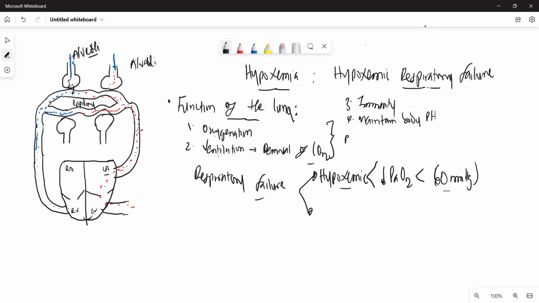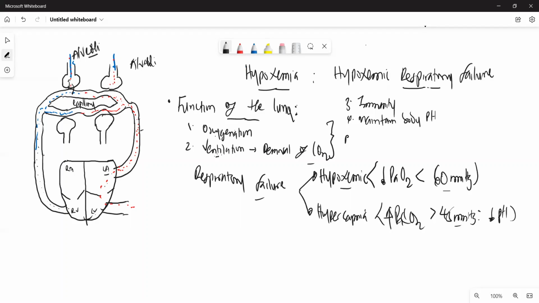Or it could be a problem with ventilation, right? So that means the patient is retaining carbon dioxide. So that would be hypercapnia. And with hypercapnia, there will be an increase in partial pressure of carbon dioxide, usually more than 45. And of course, if your carbon dioxide is going up, this can affect your pH, so it can make your pH go down, which we want to talk about in our subsequent lecture.